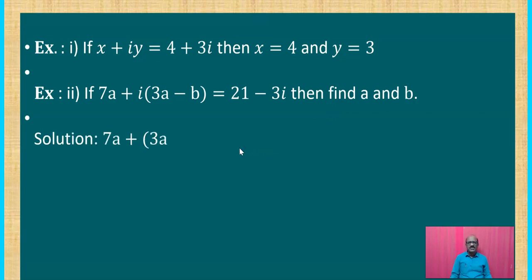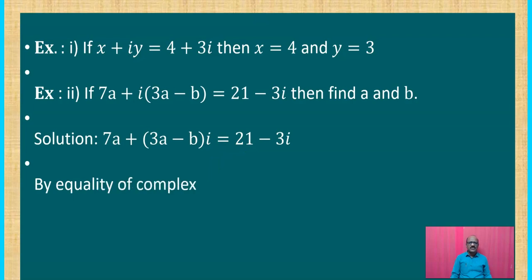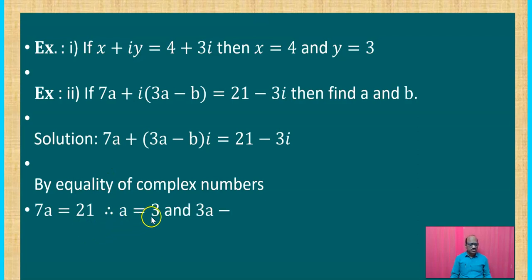Equate the real and imaginary parts. Equating the real parts, 7a = 21. Therefore a = 21 upon 7, so a = 3.